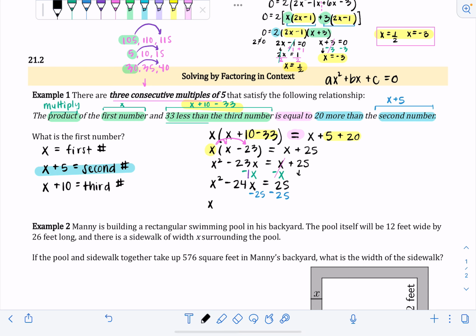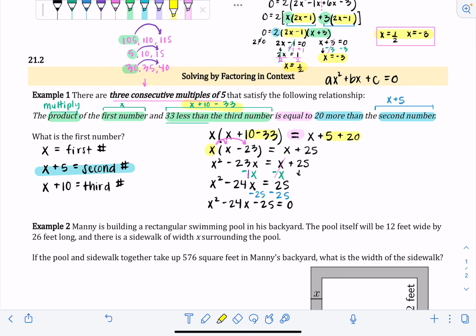So it would be x squared, and then minus 24x, and then the minus 25 after that, and then the equal sign, and then from right here, 25 minus 25 is 0. Okay, so I couldn't subtract the 25 from the negative 24 or the x squared because they were not like terms, since the 25 had no variable.